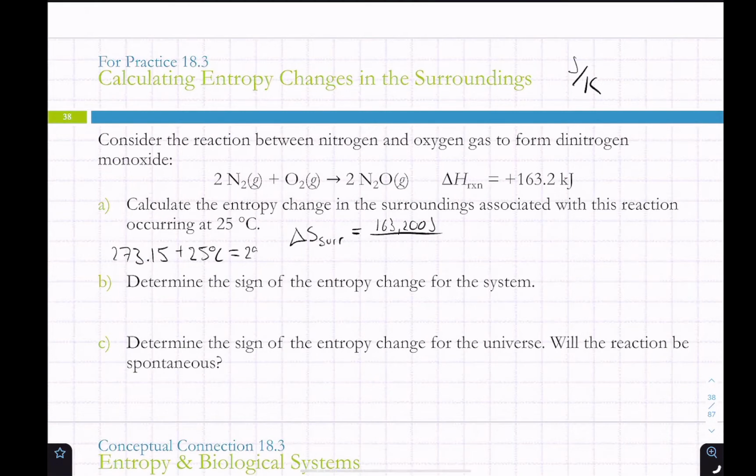So that'll be 298.15 Kelvin. Okay, so 163,200 divided by 298.15 means that our change in entropy of the surroundings is 5.47 times 10 to the 2 joules per Kelvin.